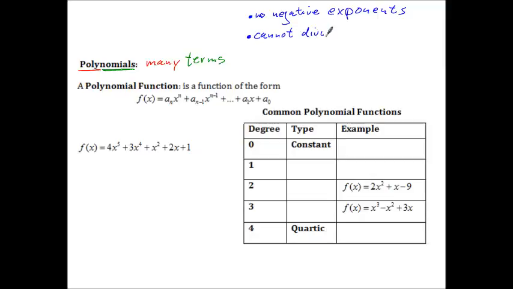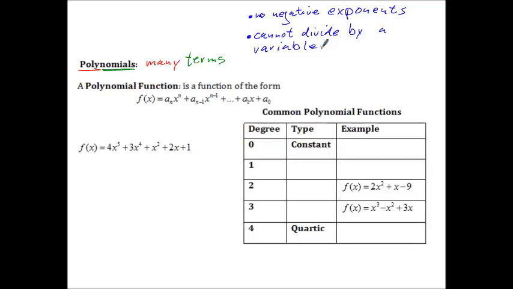And if you think about it, that really is more or less the same thing, right? Because if we have a negative exponent, then we would flip that part of the expression to the denominator, and then the variable is in the denominator, and that cannot happen. We cannot divide by a variable.